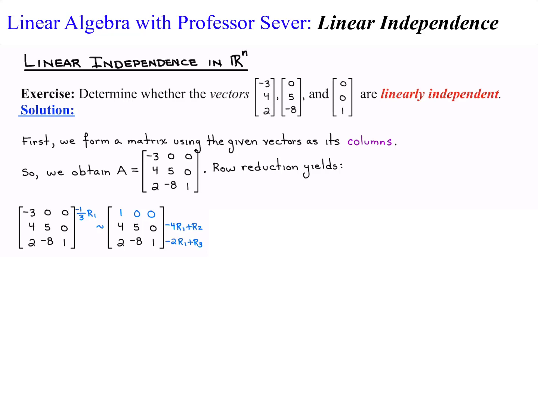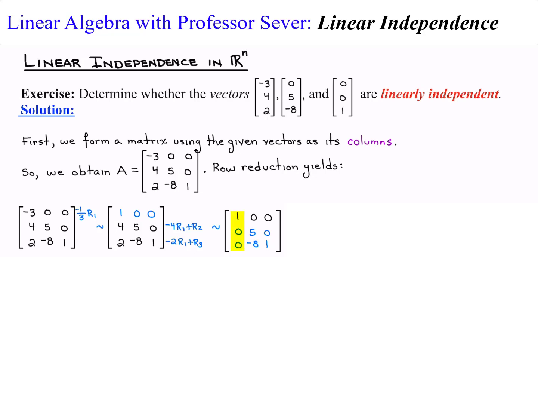When we do this, we obtain the following. In the second row, we get 0, 5, 0. And in the third row, we obtain 0, minus 8, 1. So the first step in our reduction process is complete. We have a pivot in row 1, and we have zeros below it.